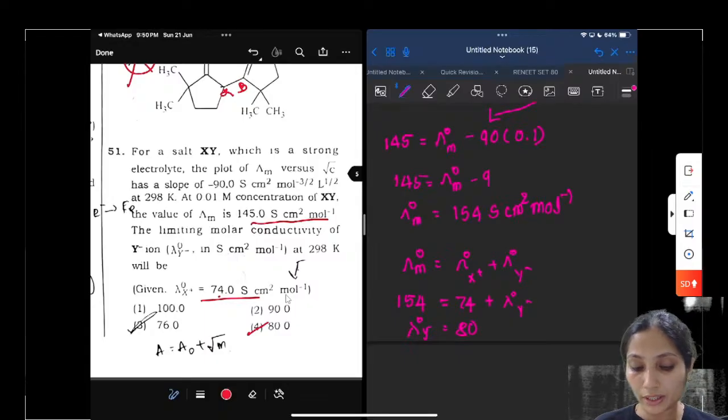One minute. Is my screen visible? If it is not visible, please let me know. Is it blur?